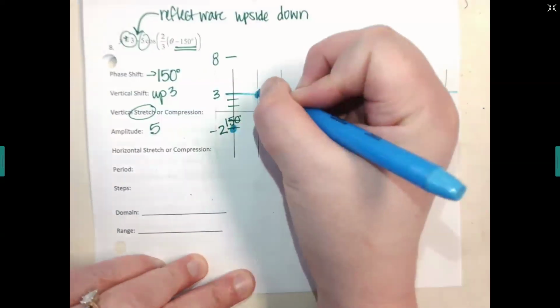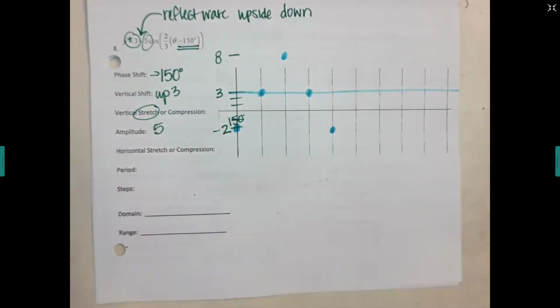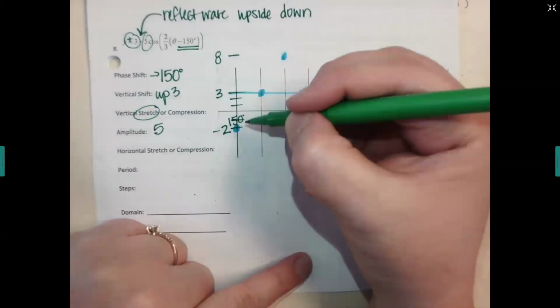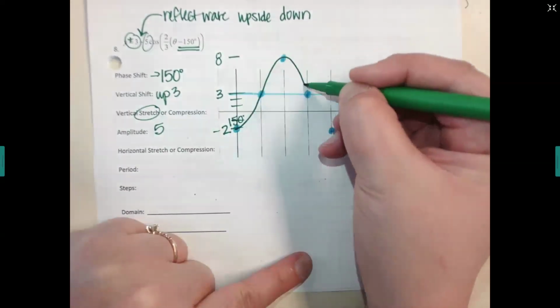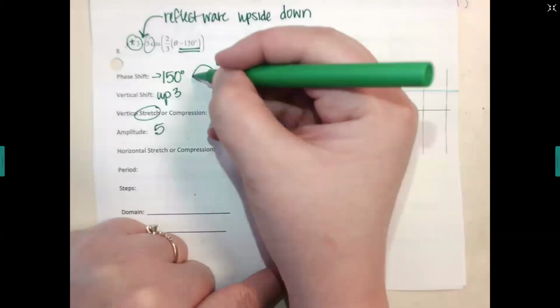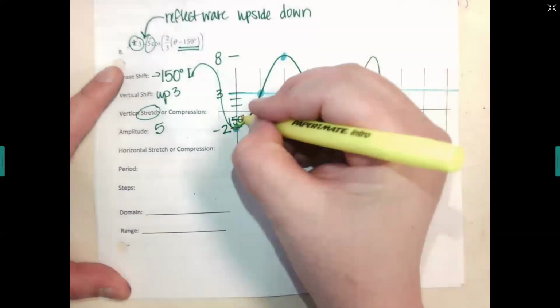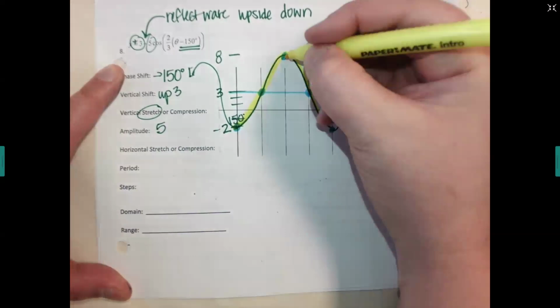And then I'm going to hit middle, top, middle, bottom. And then connect your graph. Okay, but we know it keeps doing that past that point. We're just looking at one full period, which would be from here to here.